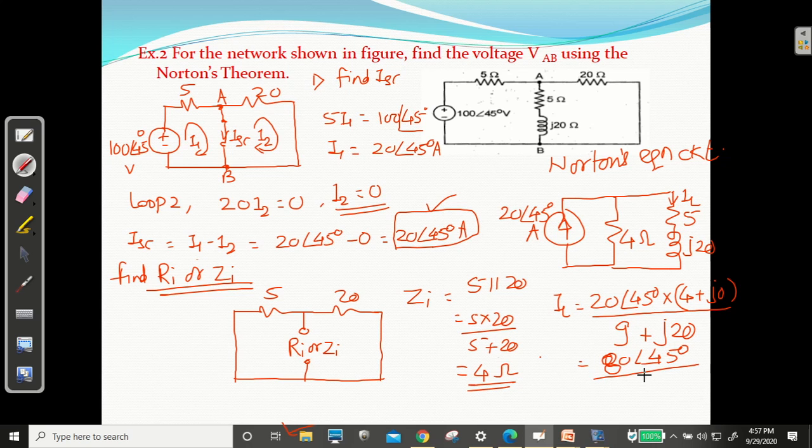Upon, this is the division you can do, it is better in polar form. So I am converting 9 plus J20 into polar form. So shift, rectangular to polar, 9 comma 20, equal to 21.93.